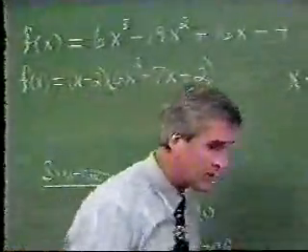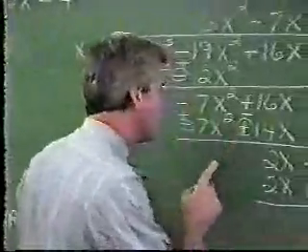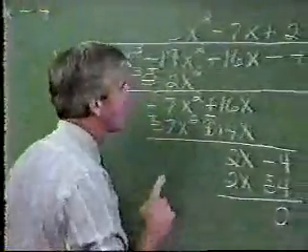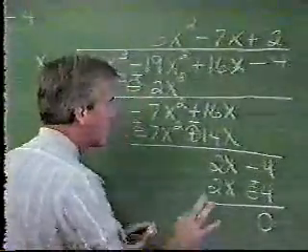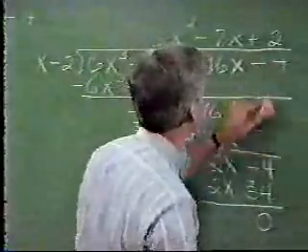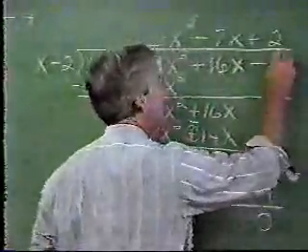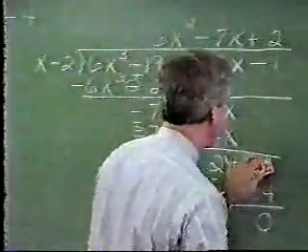Now, just to enhance our understanding of this long division process, suppose in this problem the division did not come out evenly. Let's change this to, let's say, negative 1. And what would have been brought down here would be negative 1.